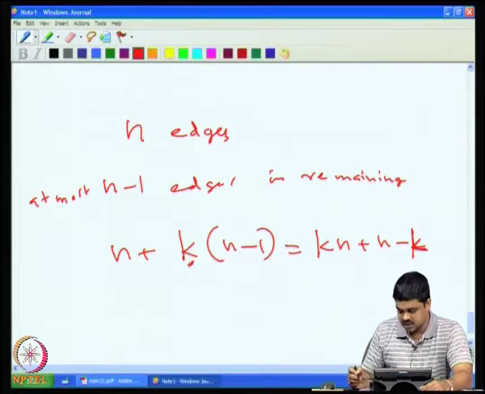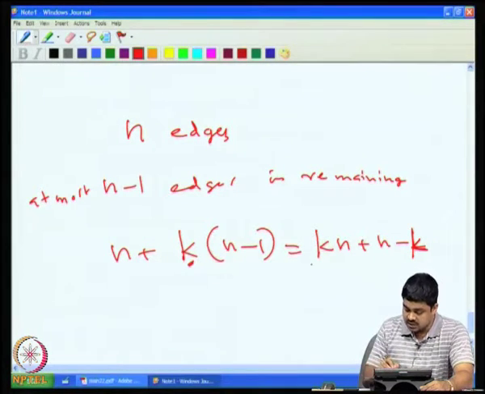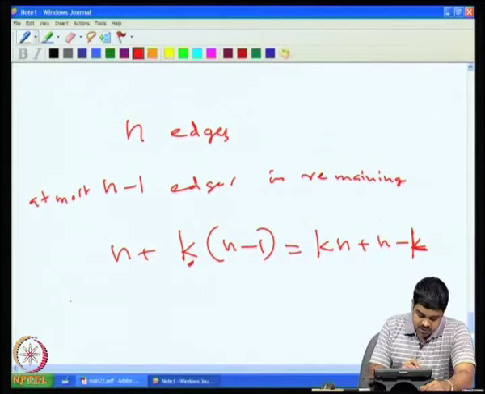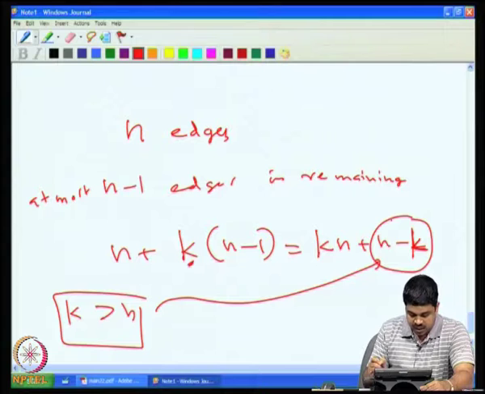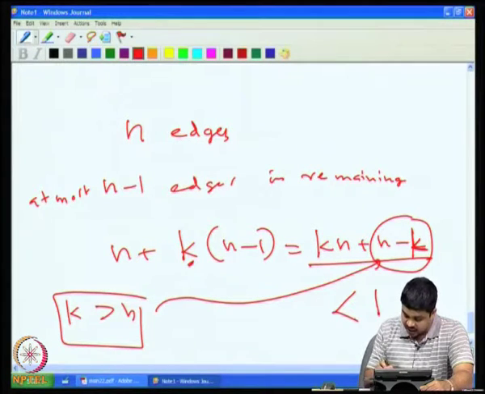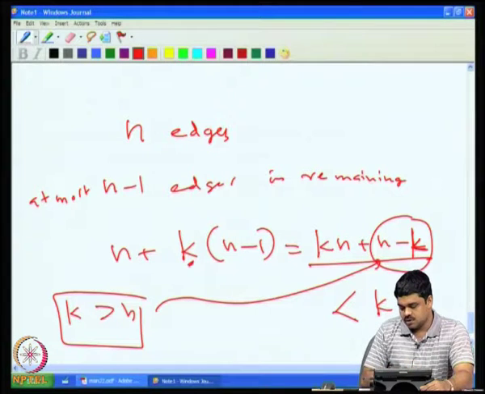Now suppose we have assumed that k is strictly greater than n. This would imply what? So this n minus k will be a negative number. So this together will be strictly less than kn. So how can it be strictly less than kn?